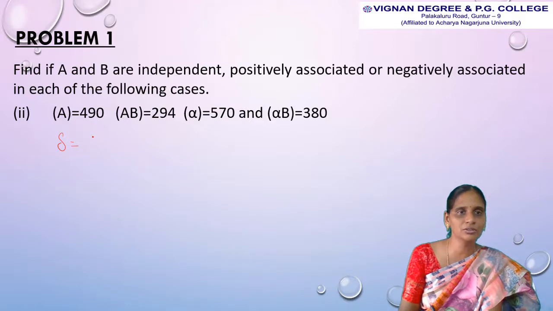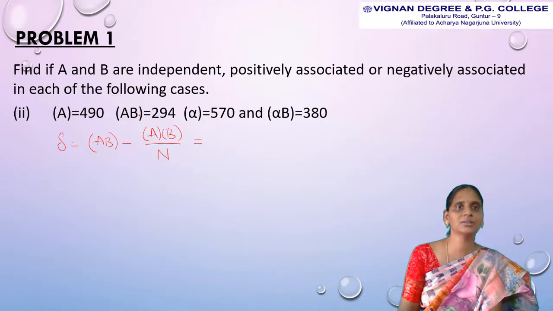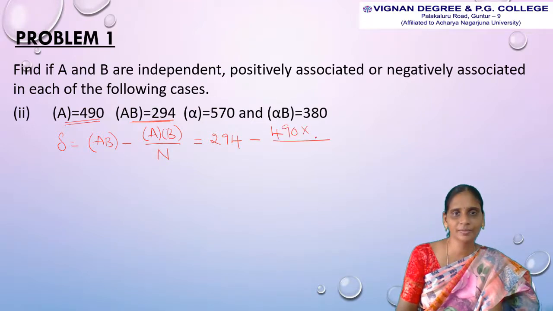Delta is equal to, the formula is frequency of AB minus frequency of A into frequency of B divided by N. And this is equal, frequency of AB is 294 minus frequency of A is 490. Frequency of B, so there is no frequency value of B. So then we have to find out the value of frequency B.